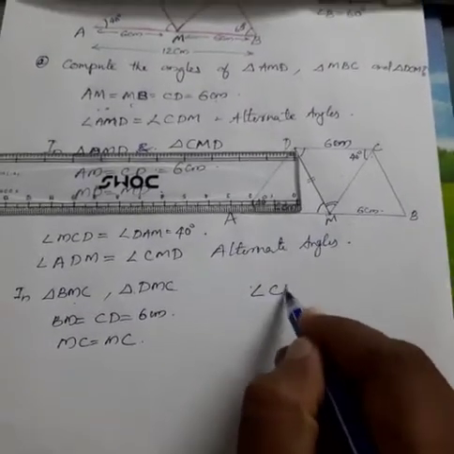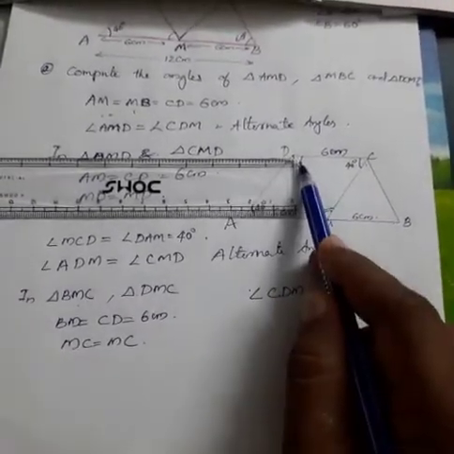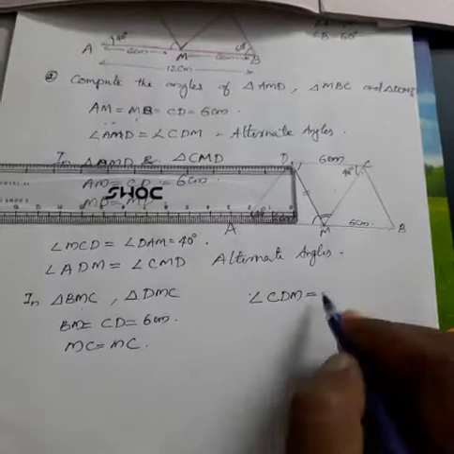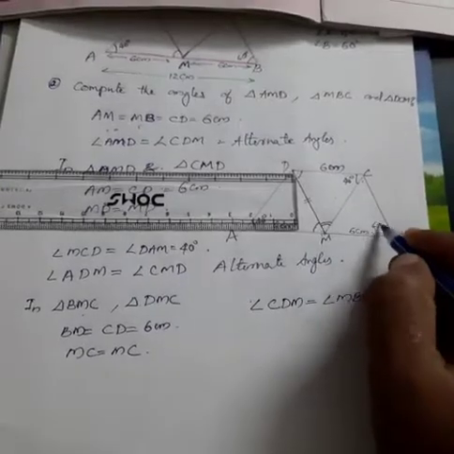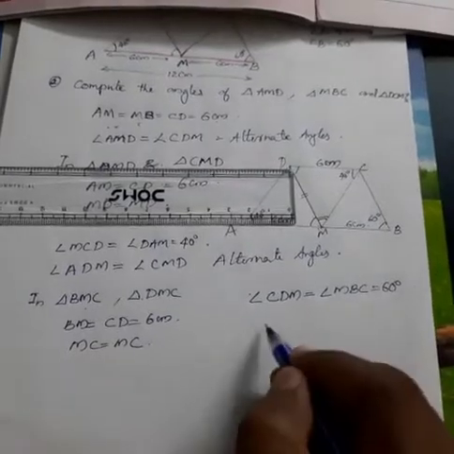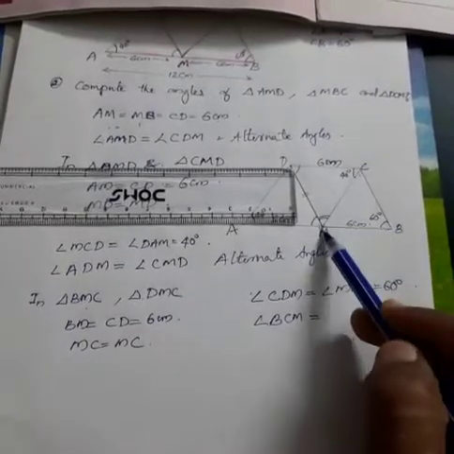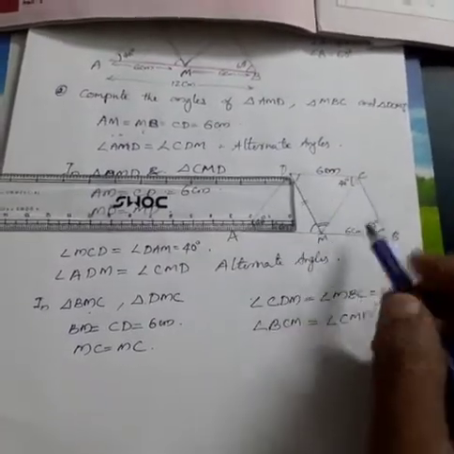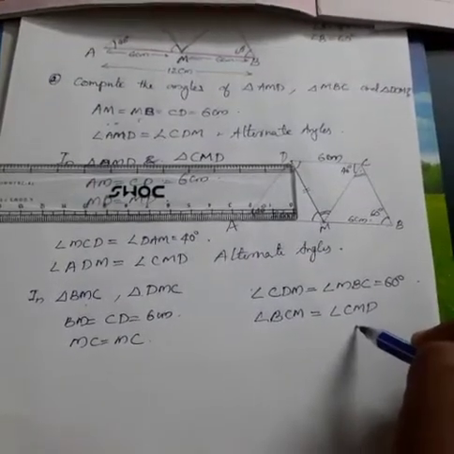Angle CDM, this one, and the alternate angle is angle MBC. This is already given 60 degrees, so that is also 60 degrees. Then angle BCM is equal to angle CMD. So these two angles are also alternate angles.